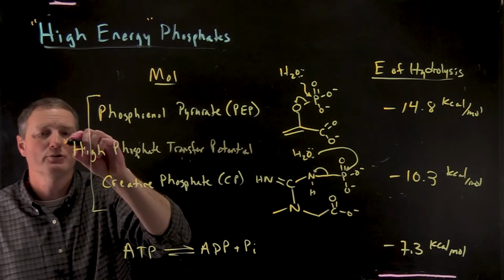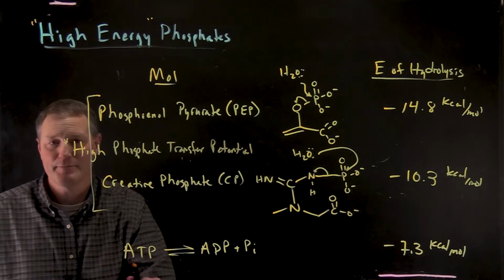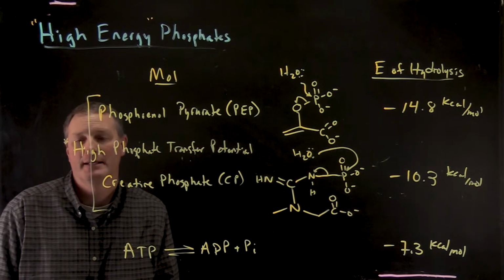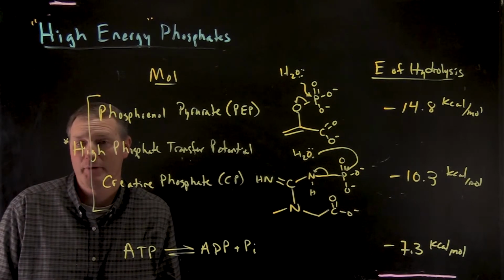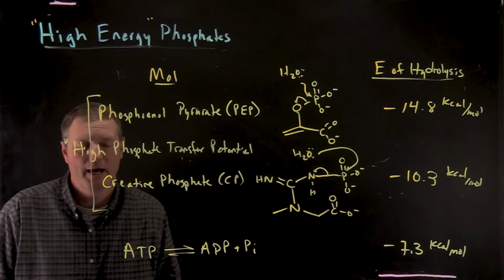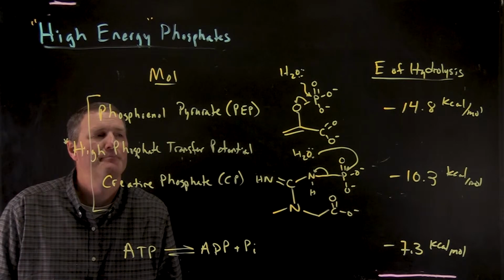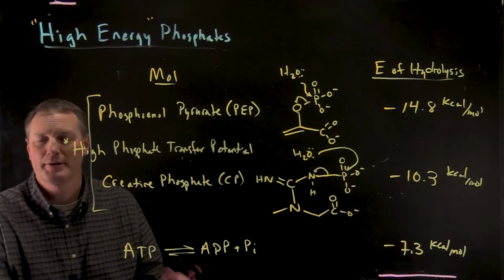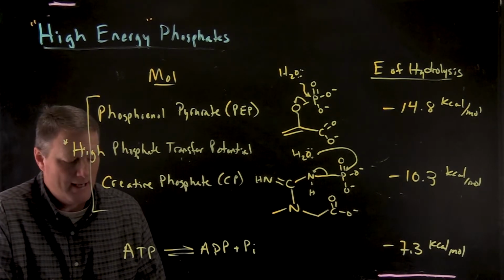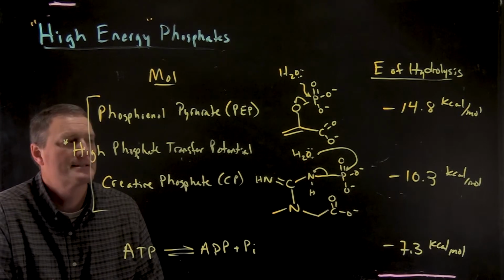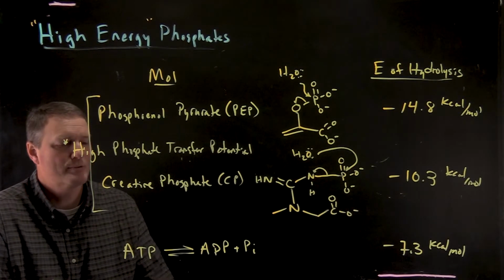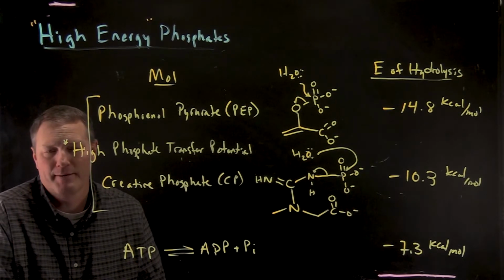And they can be used to synthesize ATP because their hydrolysis yields much more energy than just the simple hydrolysis of ATP into ADP. So these molecules are going to come up a little bit later in metabolism when we're talking about, say, glycolysis and other metabolic pathways when we have to make some ATP.